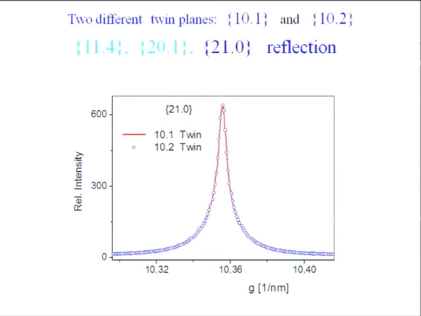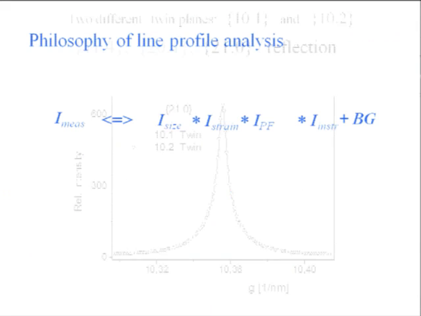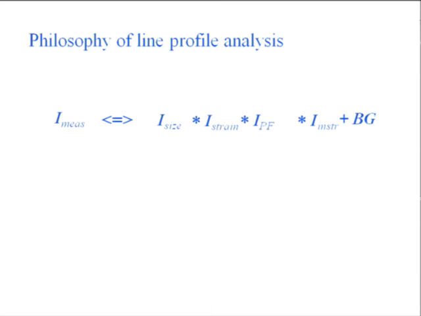So there is a nice play in the HKL dependence of the effect of twinning, which is the basis for determining the twin density and the quality of the twinning planes.